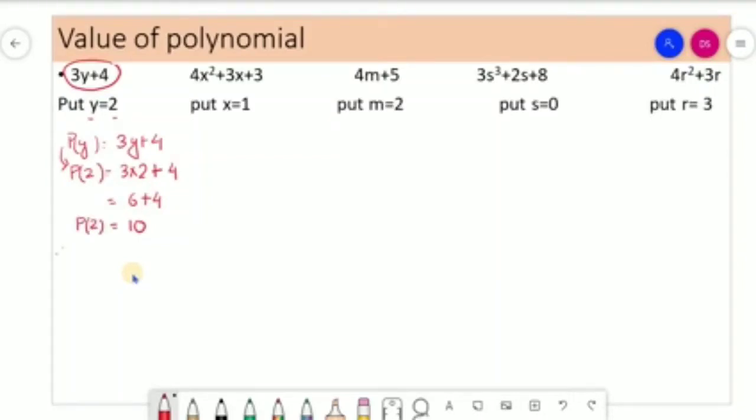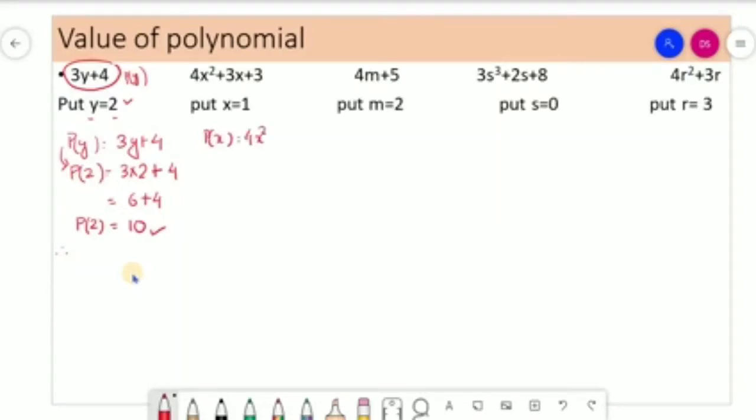So we can say for the value of y equal to 2, the value of the polynomial P(y) changes to 10.